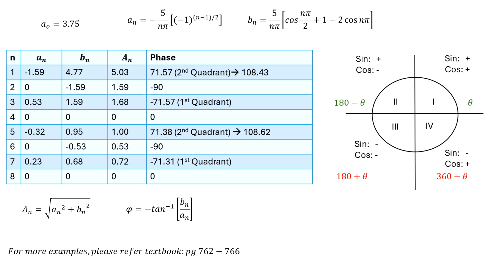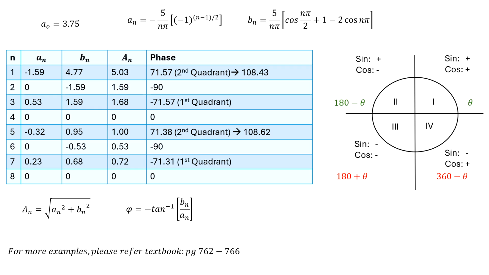If you remember, An is cos and Bn is sine. So we have An being cos, which is negative, and Bn being sine, which is positive 4.77. So we have negative cos and positive sine.